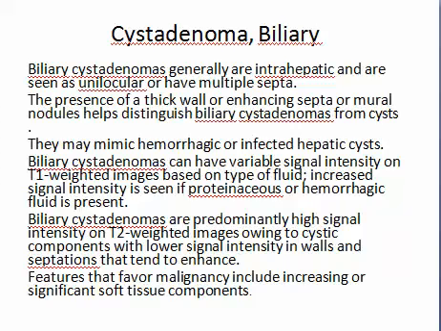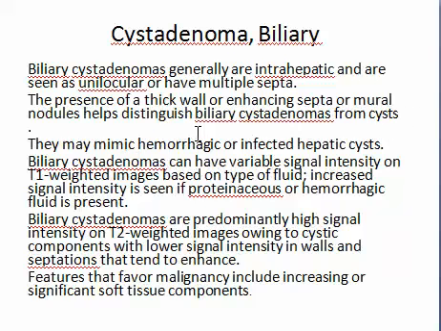Here we repeat the whole story again: biliary cystadenomas are generally intrahepatic, unilocular with multiple septa, and there is close resemblance to hydatid, yet the septa may be thick, may be enhancing, may have mural nodules, and thus we can distinguish this from hydatid cyst.